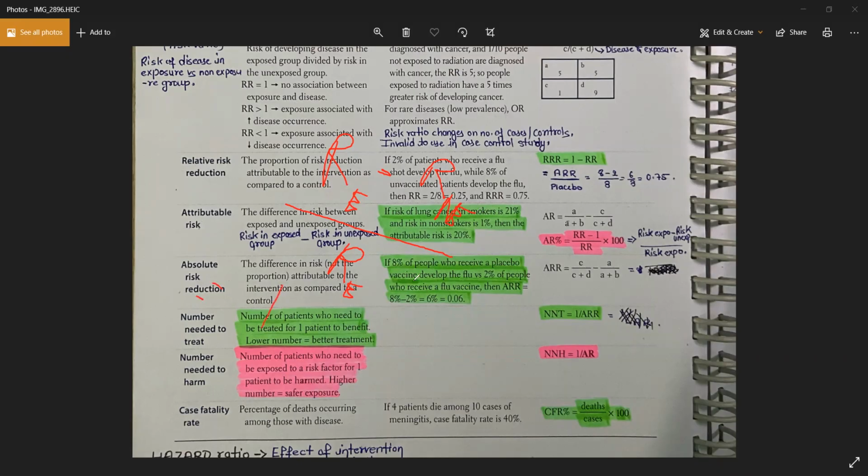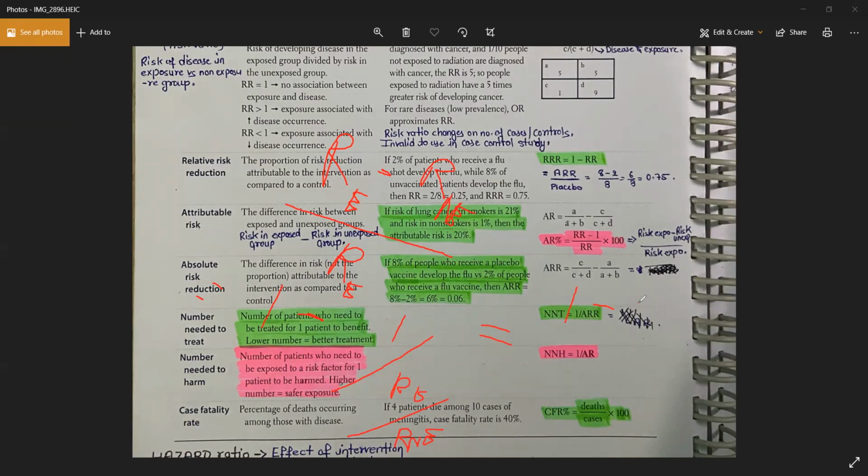So I can write it like 1, because this whole term will be called 1 upon RE, minus 1 upon the risk in the exposed group divided by the risk in the non-exposed group. Can I write it like that? This whole term, I can write it like that, right? Yes. Okay, so what I get now is 1 minus, what is the risk in the exposed group divided by the risk in the non-exposed group known as?